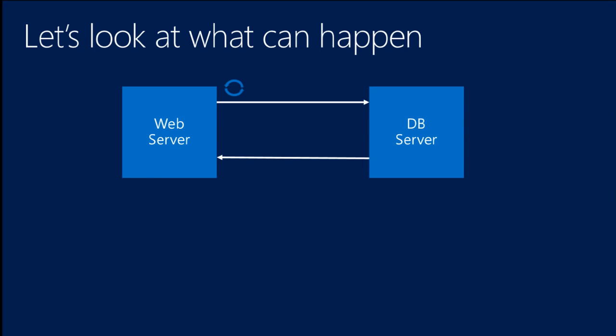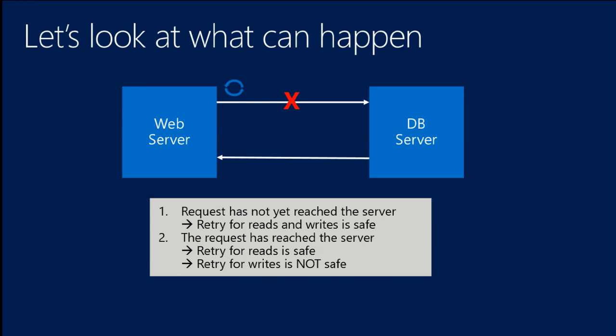If you do that, there are different things that can happen. One is the connection actually doesn't work on the way to the server. In this situation, it's obviously safe to just retry your reads and writes, as nothing really happened on the server, and no information was stored.